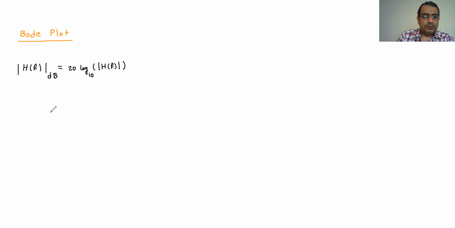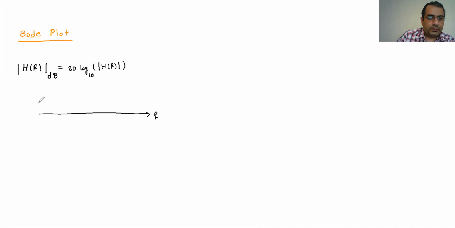So if I want to draw it for the low pass filter, I draw the frequency up here, and everything is going to be negative. The frequency is usually in the logarithmic scale.